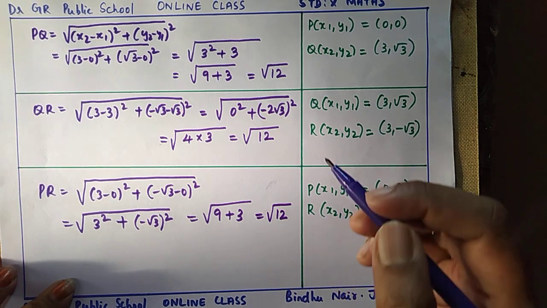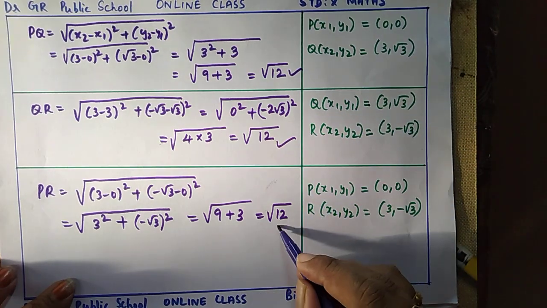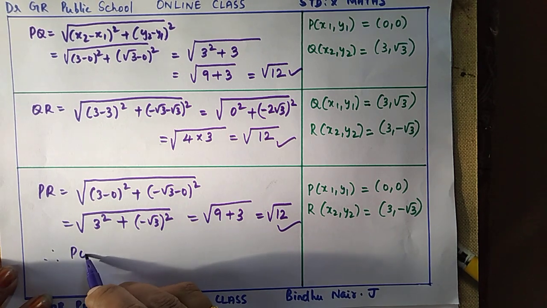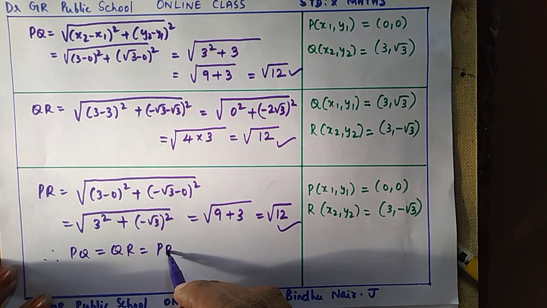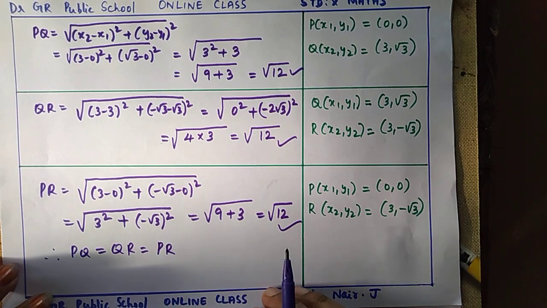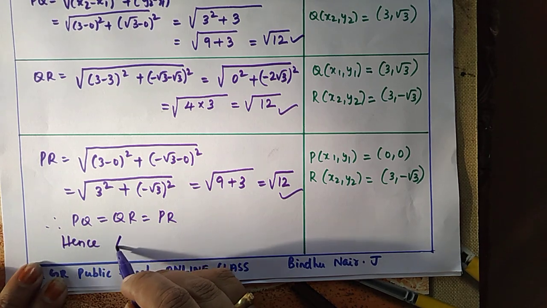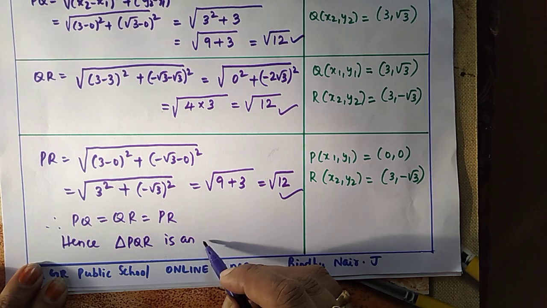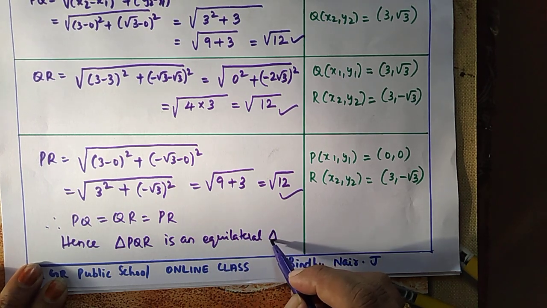So what you can see in this, the length of the 3 distances are equal. So how to conclude? Therefore PQ equal to QR equal to PR. So what you can understand? Hence this triangle PQR is an equilateral triangle.